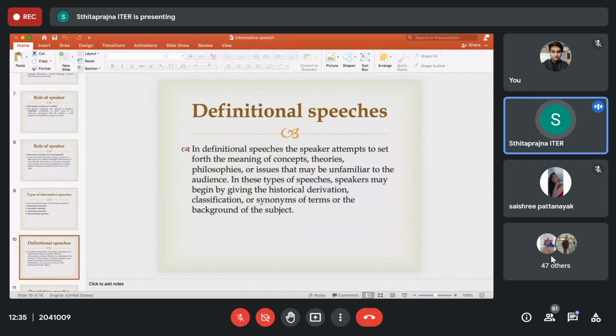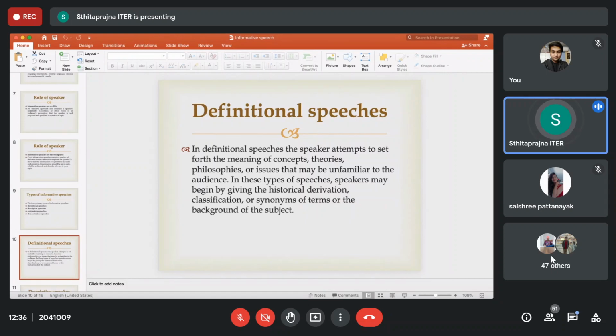So you basically define. Now, when you're going to define a certain term or a theory or a concept, you have to go back to the etymology, the genesis of the term, historical relevance, and how it has evolved. All this comes in, isn't it?